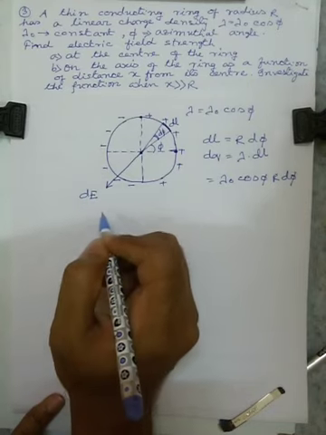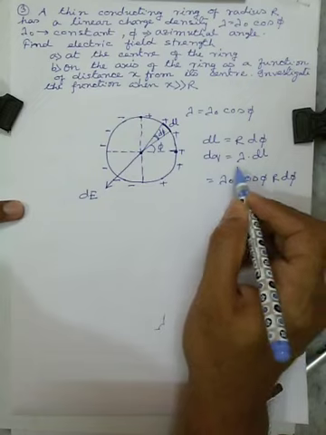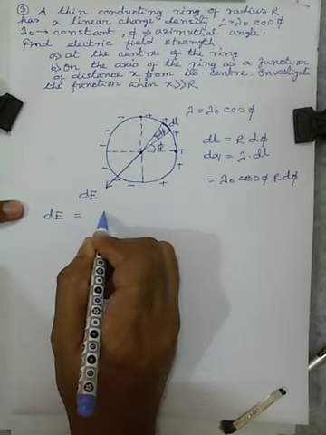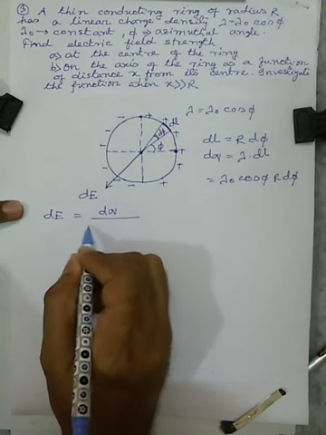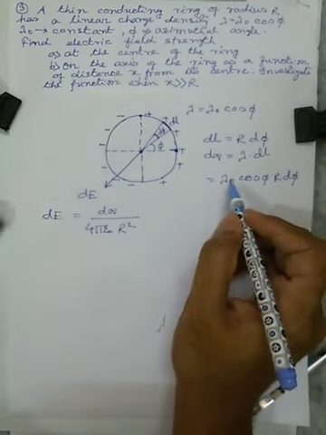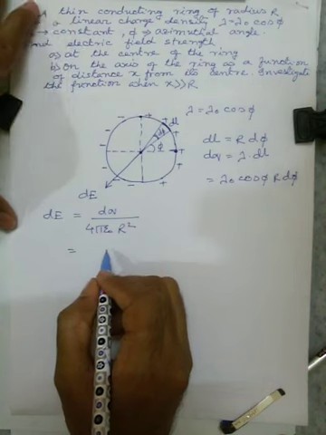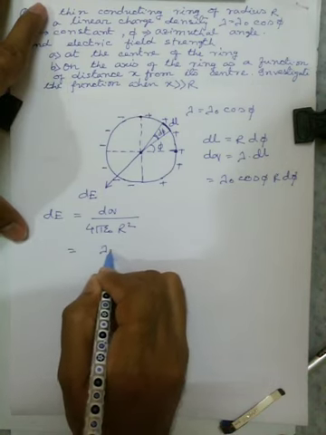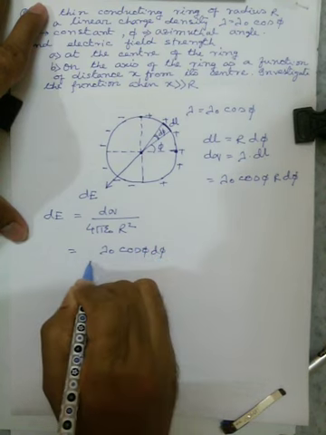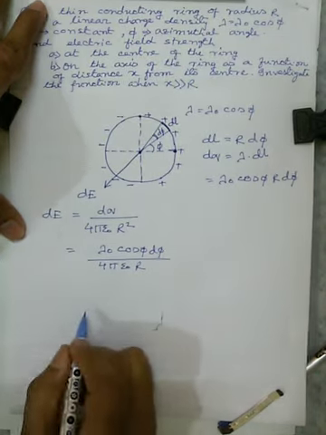And this will be dE. The magnitude of this charge dq is given, therefore the magnitude of this field dE is equal to dq by 4 pi epsilon naught r square. If we put the value of dq, then we can write dE is equal to lambda naught cos phi d phi divided by 4 pi epsilon naught r.